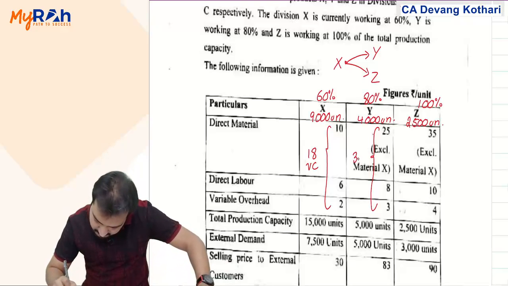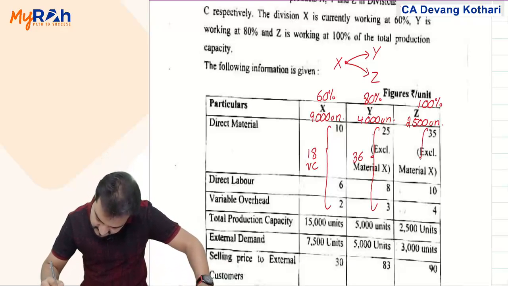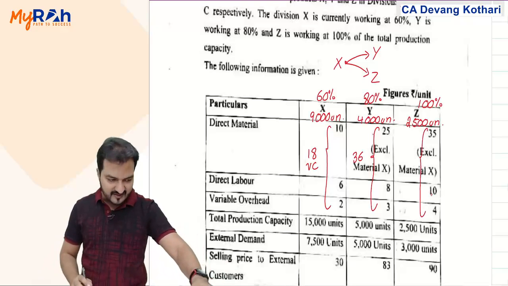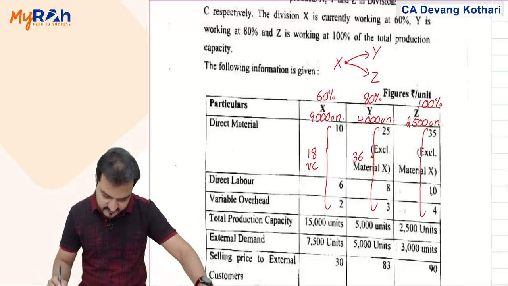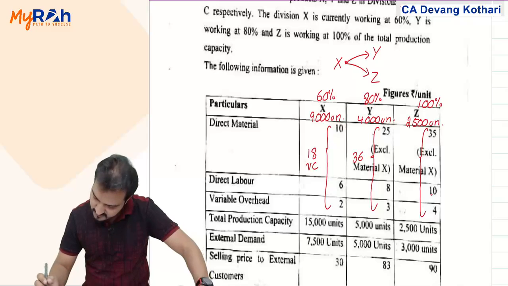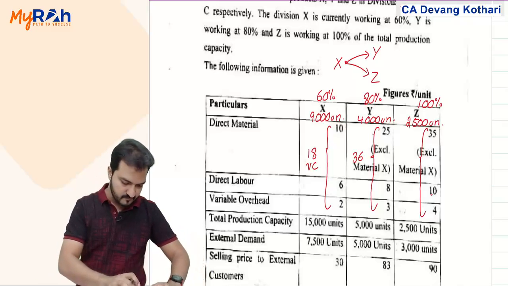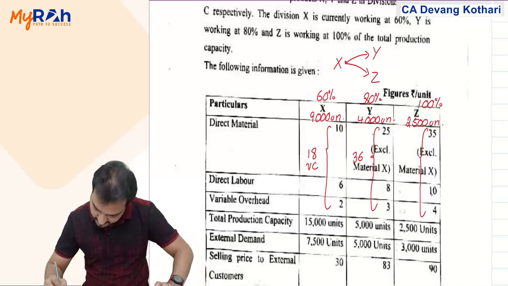And division Z, 35, 10 and 4 is 39. No, 35 plus 10 plus 4, 49, sorry.